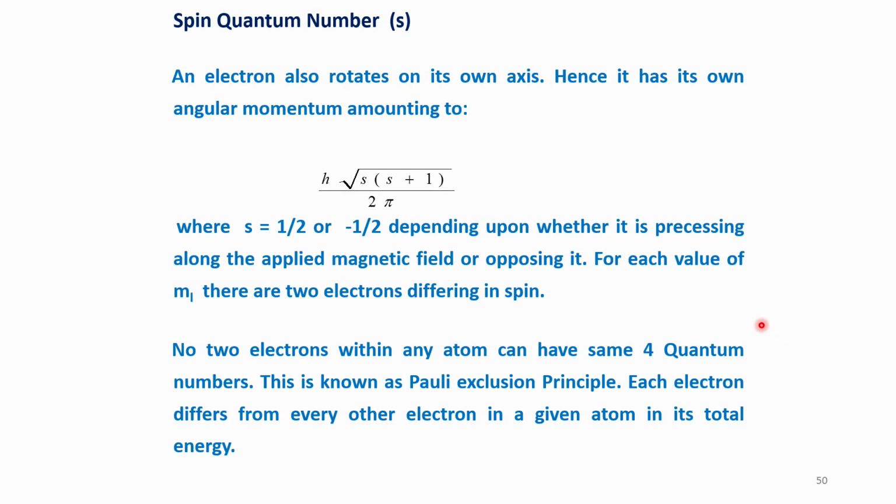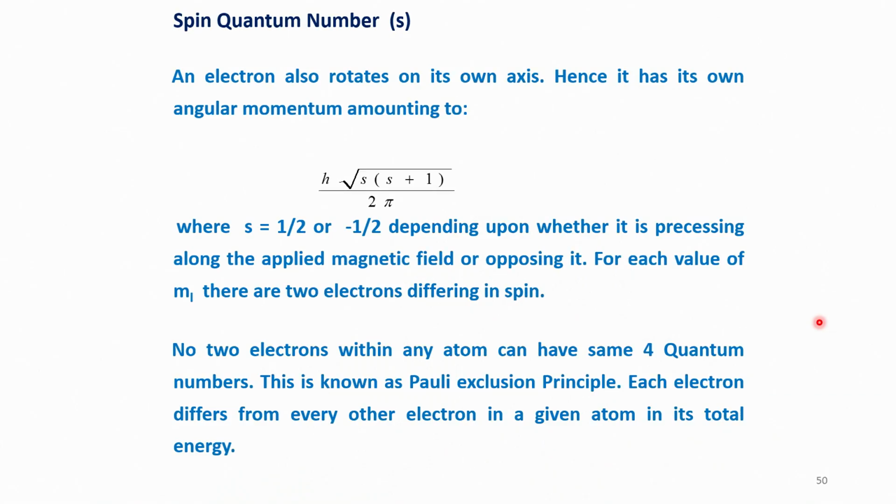Then we have the spin quantum number. This refers only to the spin of the electron, whether the electron goes clockwise or anti-clockwise. Just like any planet, the electron is also supposed to spin around itself while it is going around the nucleus.